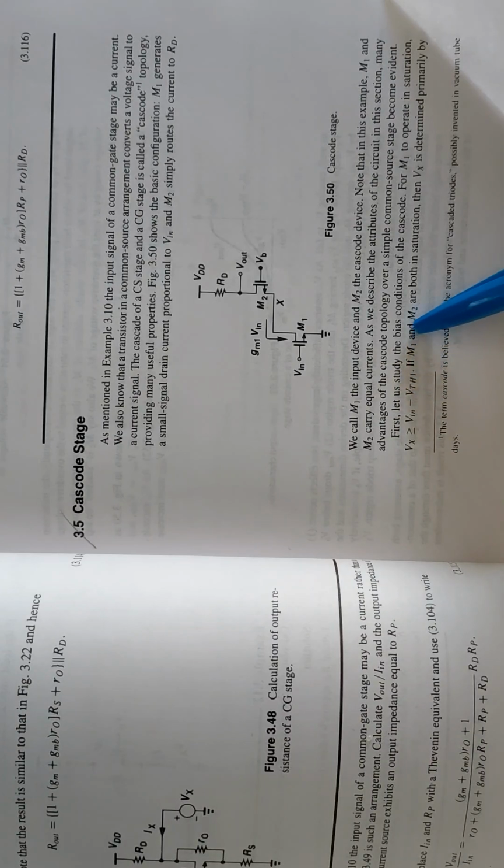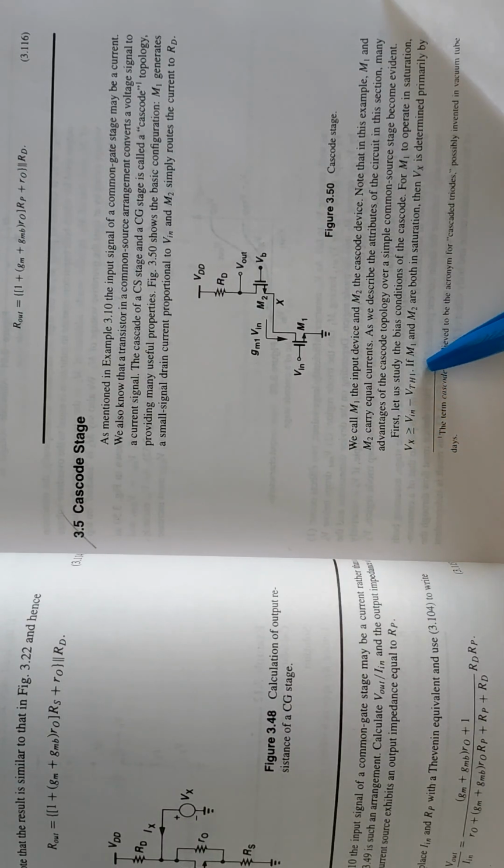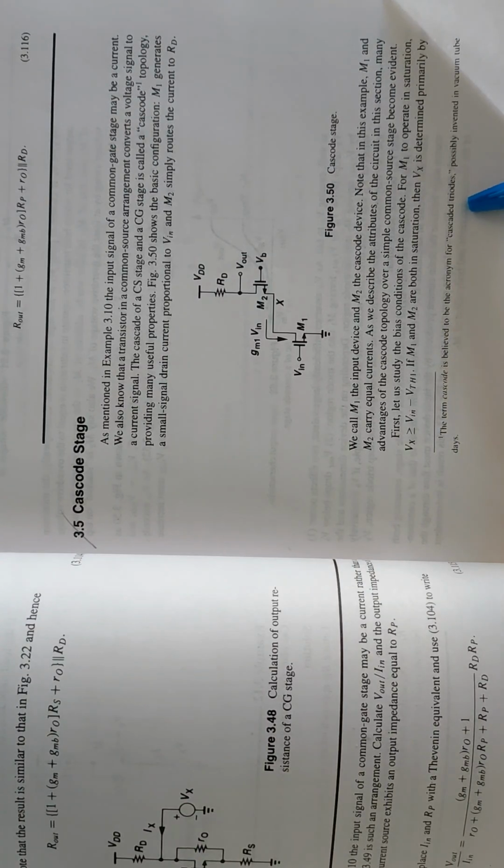First, let us study the bias conditions of the cascode. For M1 to operate in saturation, Vx is greater than or equal to Vin minus Vth1. If M1 and M2 are both in saturation, then Vx is determined primarily by Vb. The term cascode is believed to be an acronym for cascaded triodes, possibly invented in vacuum tube days.